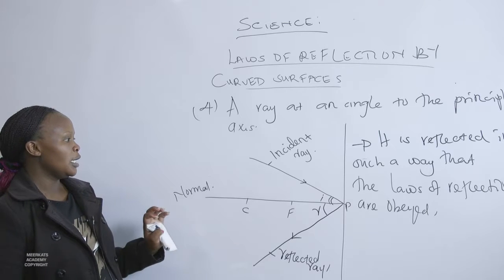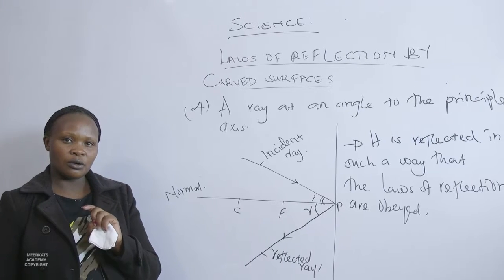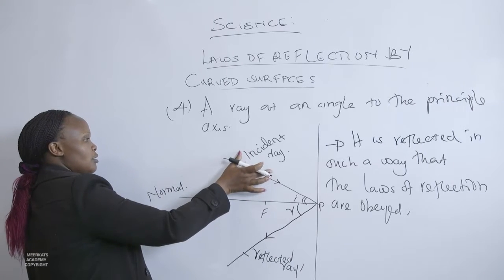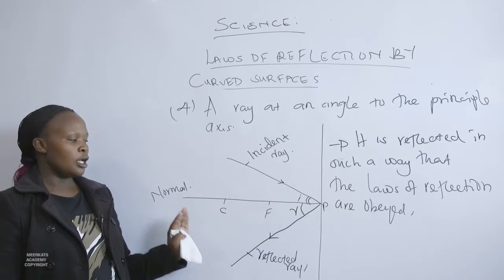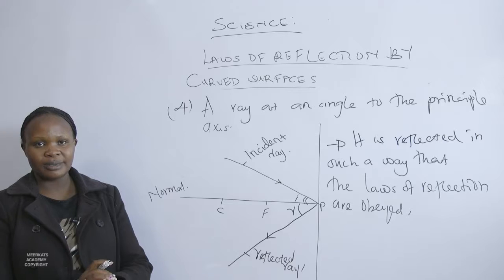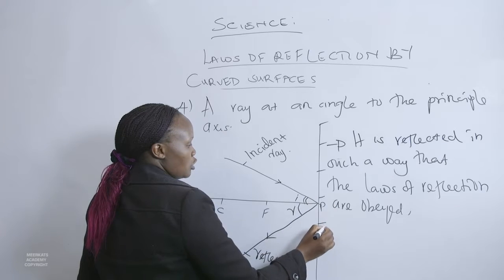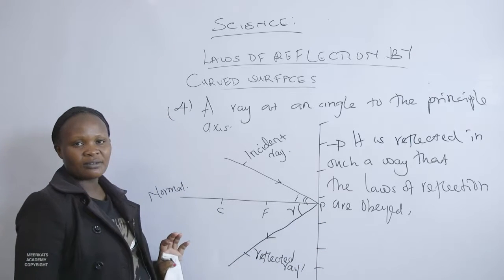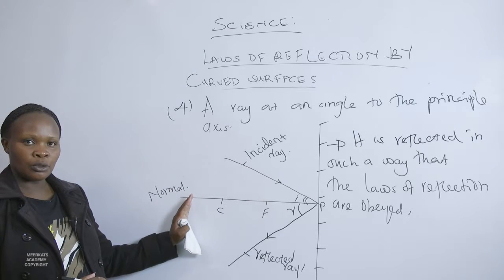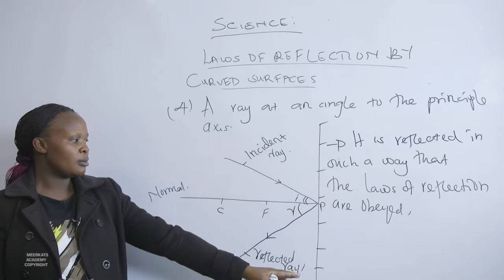Now, for the laws of reflection to be observed, the incident ray, the normal, and the reflected ray should all lie on the same plane.